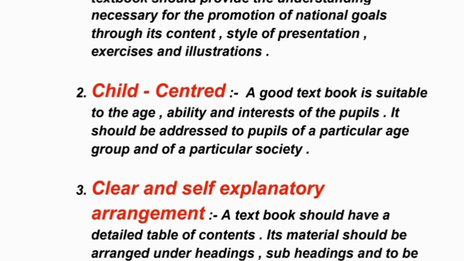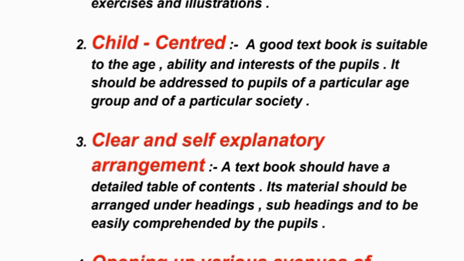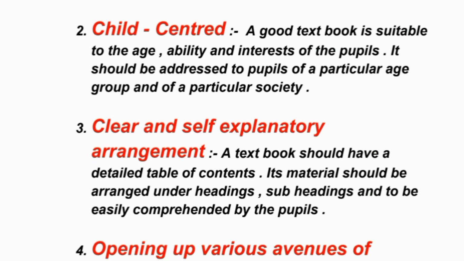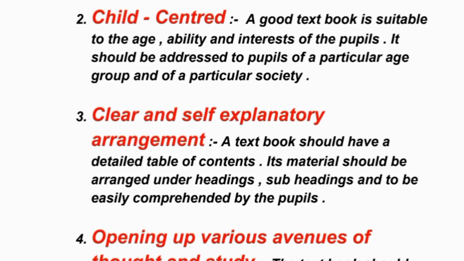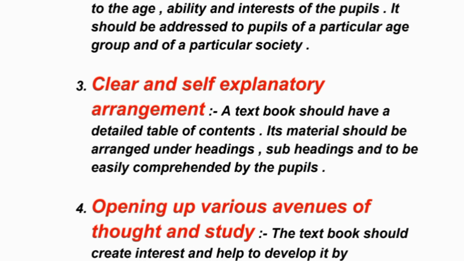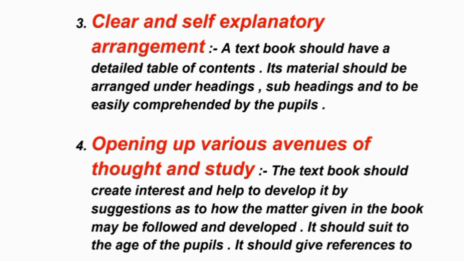Clear and self-explanatory arrangement. A textbook should have a detailed table of contents. Its material should be arranged under headings and subheadings, to be easily comprehended by the pupils. Opening up various avenues of thought and study.